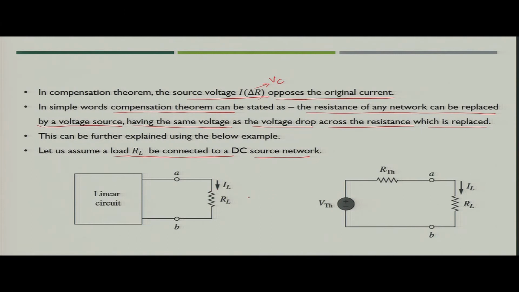When we discussed Thevenin's theorem, we saw that this particular circuit can be replaced by its equivalent Thevenin voltage in series with Thevenin resistance. So, this circuit can be replaced by the equivalent circuit as shown in the figure, and the load R L is connected across the terminals A B.